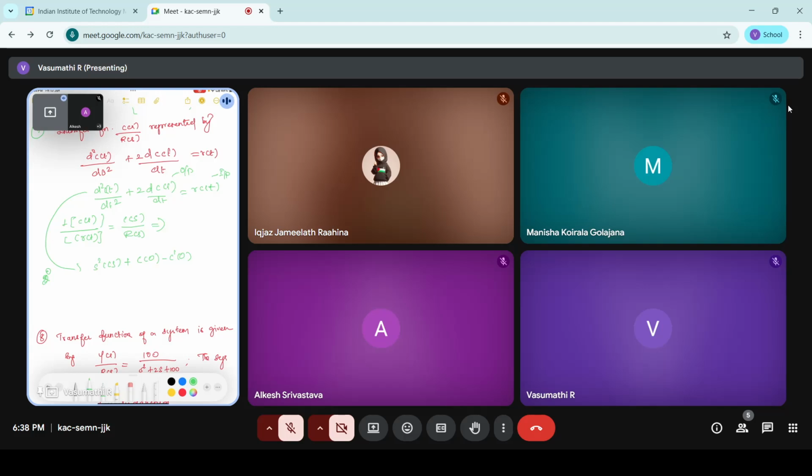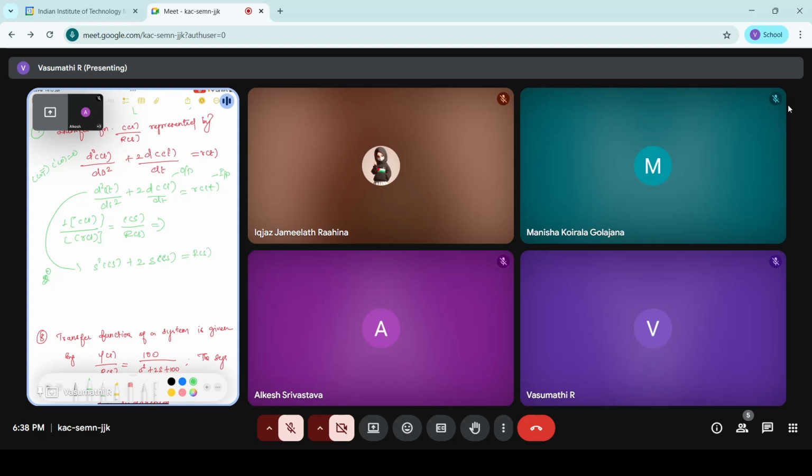Consider, if nothing is given, consider all the derivatives to be 0. So I will be left with only this part. For the next part, plus 2 into s of c of s is equal to r of s.